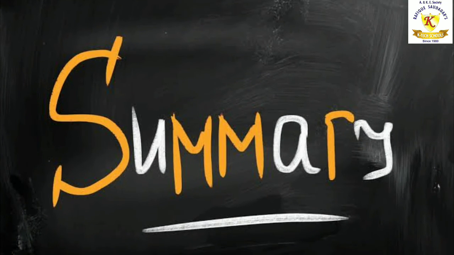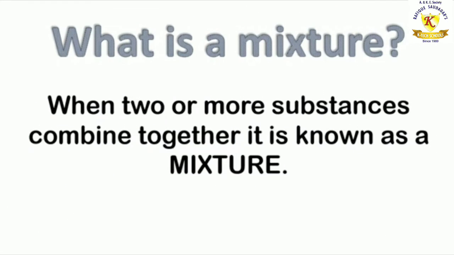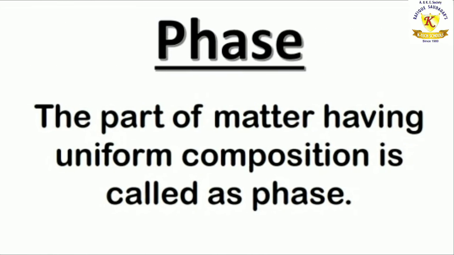Let's take a look over the summary. So what is a mixture? When two or more substances combine together, it is known as a mixture. What is a phase? The part of matter having uniform composition is called a phase.